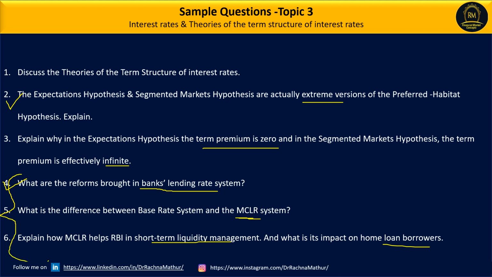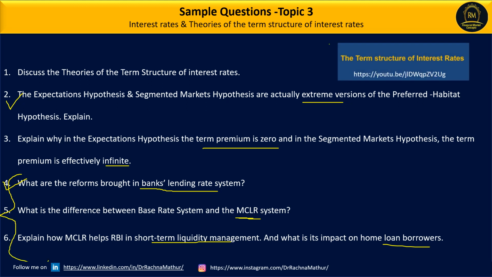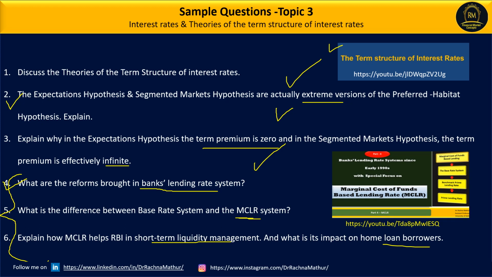It's very important. For your understanding, I have made a video on the term structure theory of interest rates where I have covered all 3 of these questions. And for the banks' lending rate system, I have created a series with separate videos on prime lending rate, benchmark prime lending rate, base rate system, and MCLR system to explain it in detail.